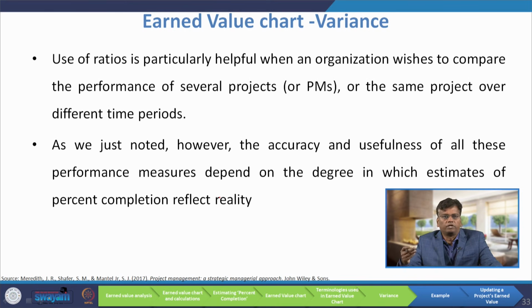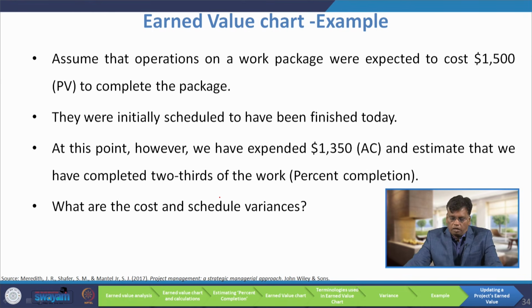We talked about different customs for measuring percent completion. How accurate that percent completion is determines how accurate your cost variance, schedule variance, or other indicators will be. Now, we will take an example for doing this earned value analysis.